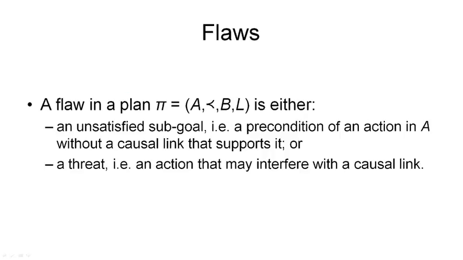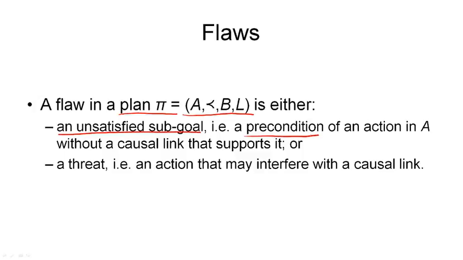Threats, however, are not the only types of flaws that can occur in a plan. The good news is there are only two types of flaws we need to look out for. So in a plan pi that consists of the usual four components, we can have two types of flaw. The first is an unsatisfied sub-goal in that plan. And an unsatisfied sub-goal is a precondition of an action that does not have an incoming causal link that supports it.